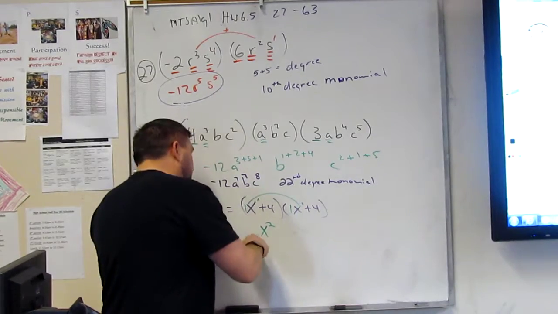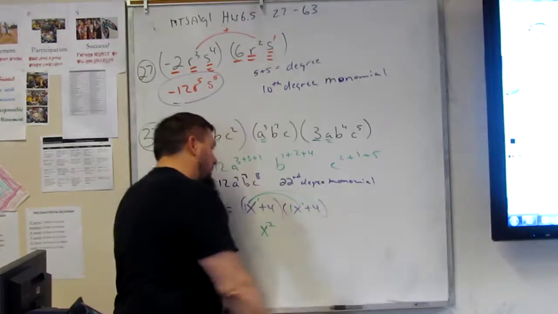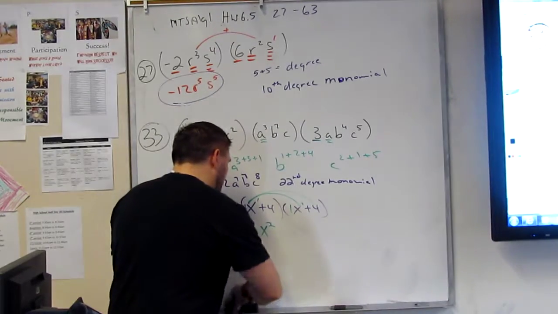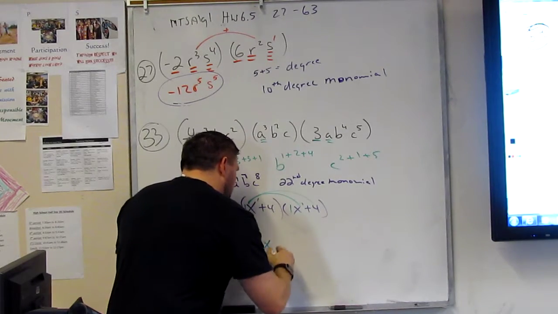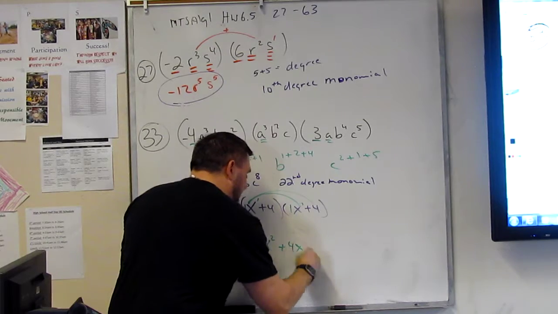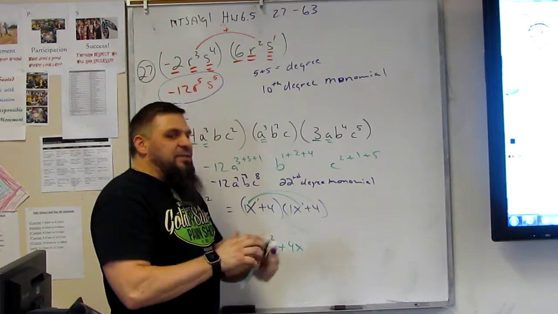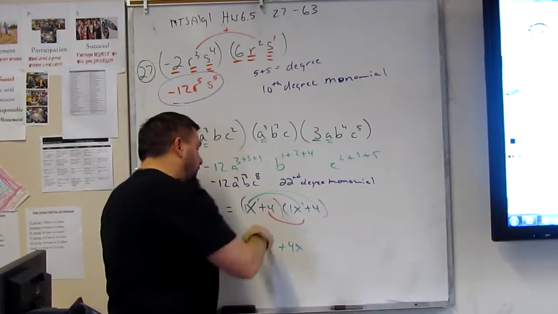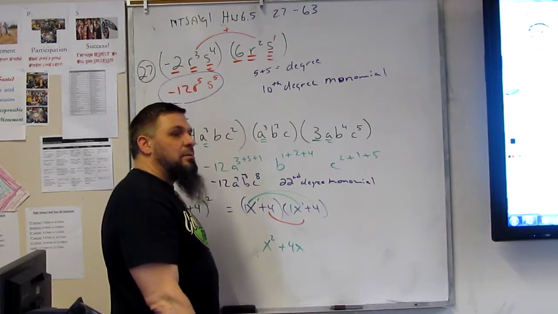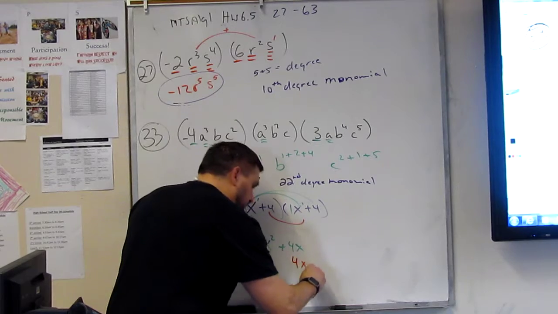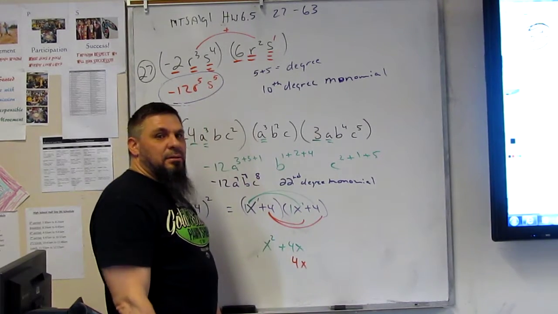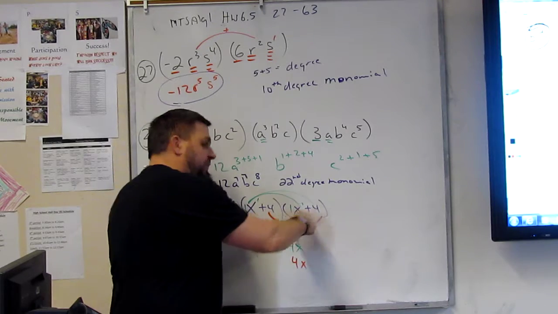So that's x squared, and then x times 4? 4x. So we got x squared plus 4x. And then watch this. I take this side. What's 4 times x? 4x. And then I take this. 4 times 4.